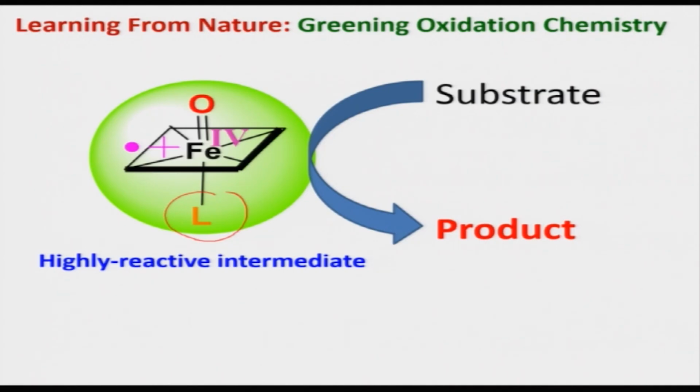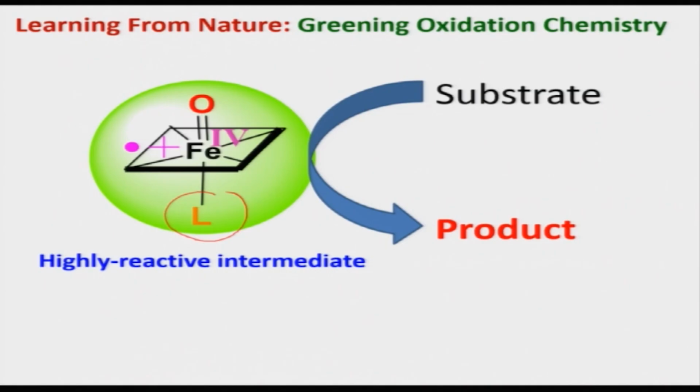One can utilize this highly reactive intermediate, and the substrate can convert to a variety of products. Sometimes an oxo transfer reaction can take place, sometimes an electron transfer reaction, and sometimes, like chloroperoxidase, it can chlorinate at a particular position in a stereospecific manner.